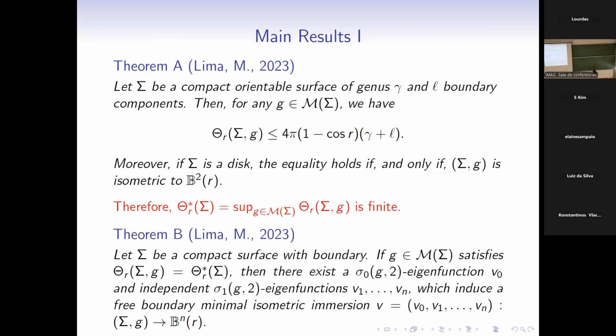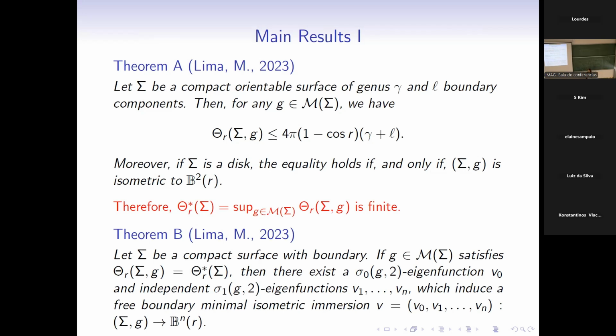And in our second result, Vanessa and I proved, which is the analog of Nadirashvili and Fraser-Schoen in their contexts, that if you do have a maximizing metric for our functional, then the surface endowed with this metric can be immersed in a spherical cap as a free boundary minimal surface by first eigenfunctions.